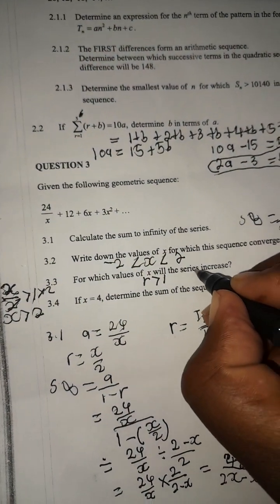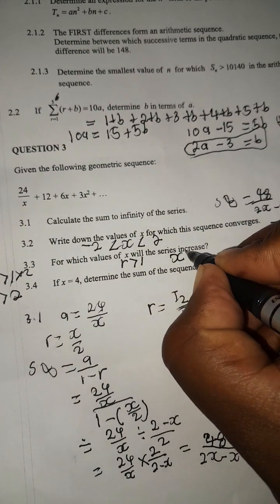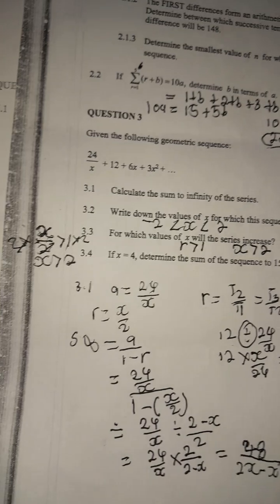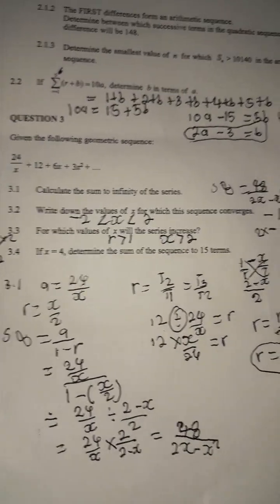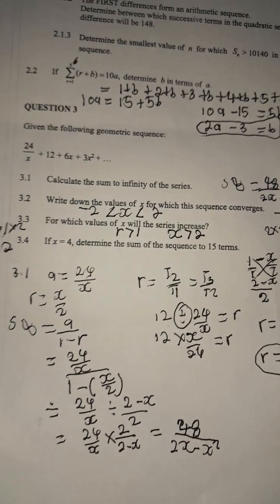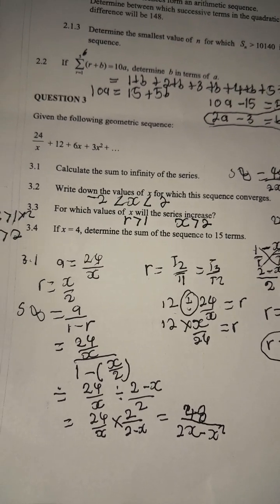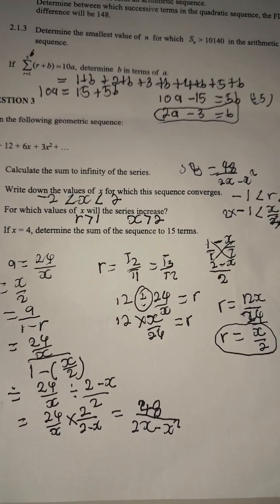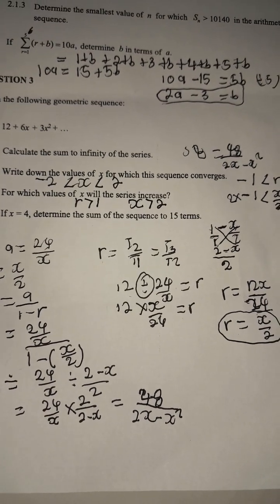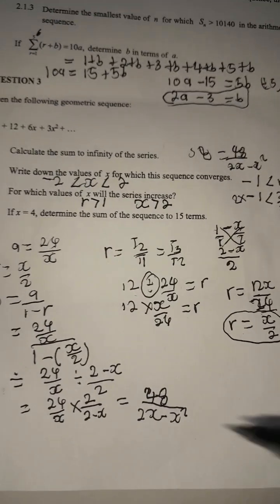So at 3.3, x is greater than 2. That will be the solution, but you have to show the steps of how you came up with this. How many marks? It's 2 marks. You can just say x is greater than 2, therefore r is greater than 1, and therefore the solution will be x is greater than 2. I hope it makes sense, guys.